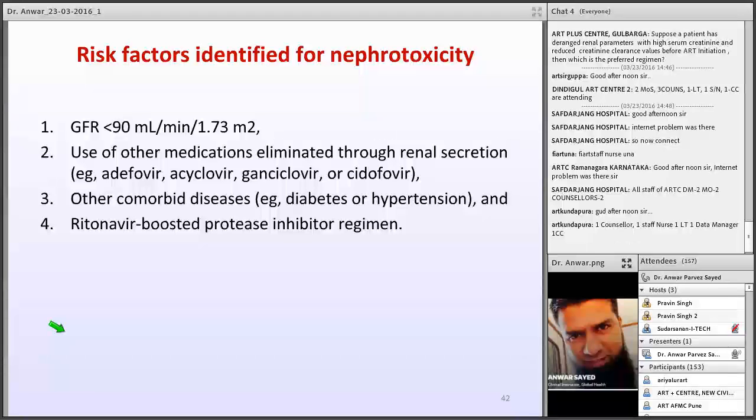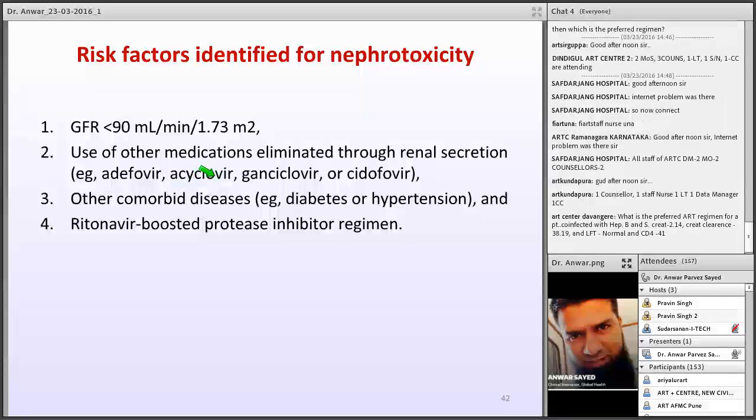Some of the other risk factors given by other studies are GFR less than 90, and use with medications eliminated through renal secretion, for example, acyclovir, which is commonly used, ganciclovir, cidofovir, or adefovir. Then other comorbid diseases, for example, diabetes or hypertension, which also affect the kidneys. If these are there, again we can keep a watch on the kidney functions more often in such patients. And a ritonavir-boosted protease inhibitor regimen can again be a risk factor for nephropathy.